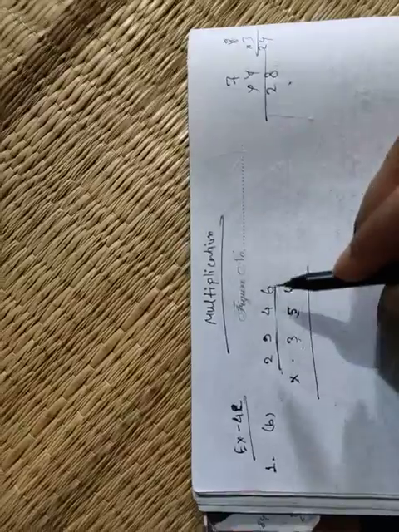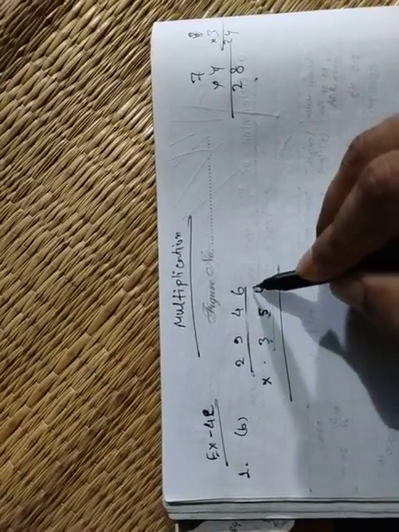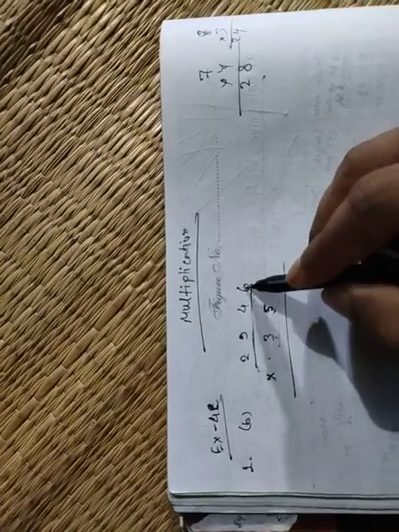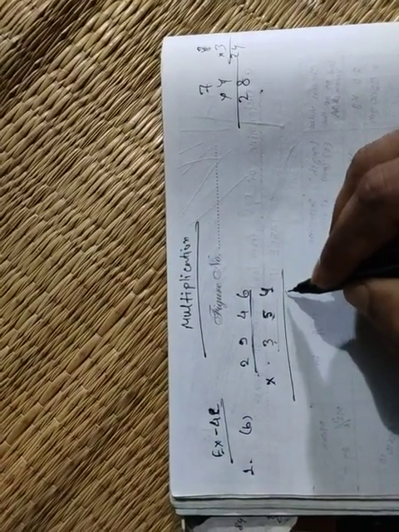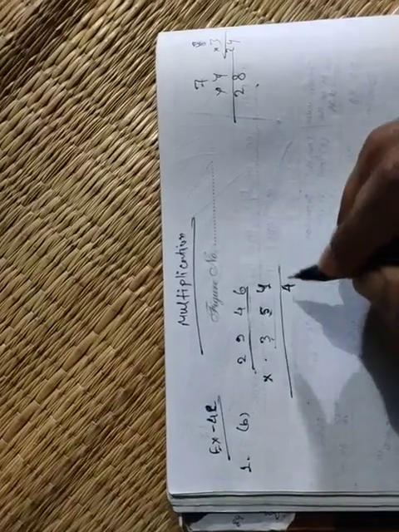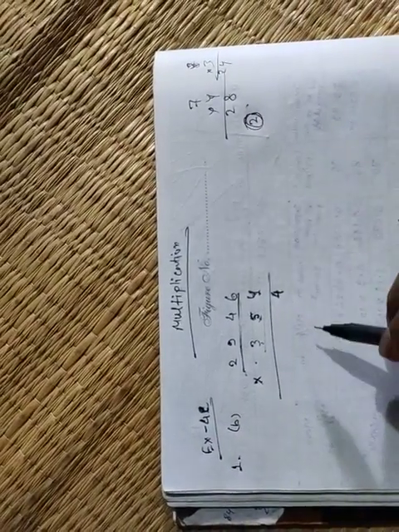So in the first step I multiply 4 with all the digits. 4 6s are 24, for 24 the 4 will sit here and 2 will be the carry, and you have to remember the carry for the next step.